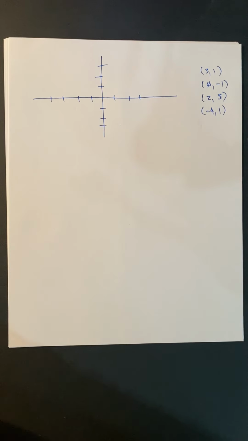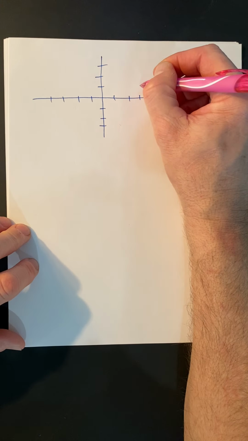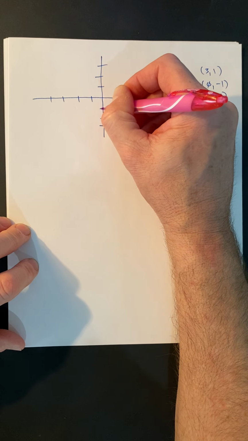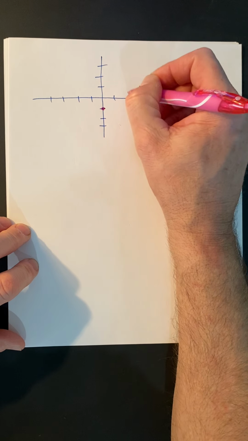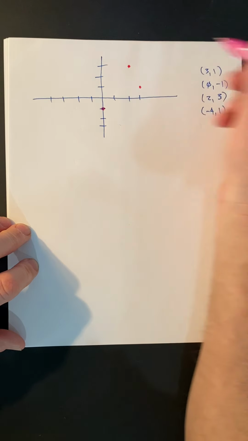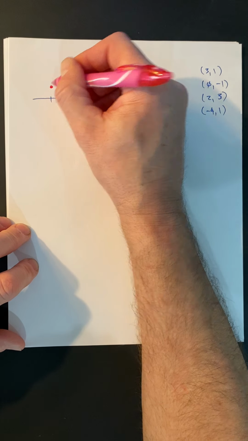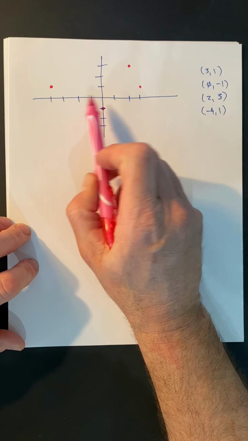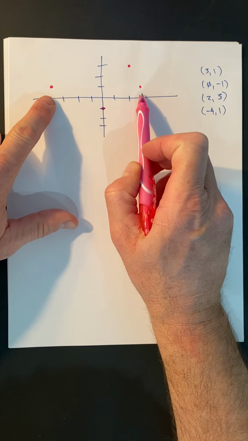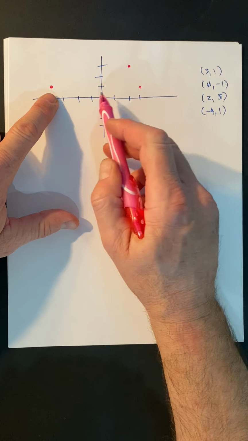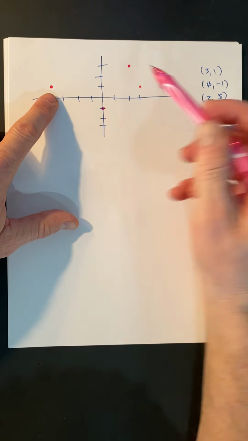And I graphed all of those points. So over 3, 1, over 0, -1, over 2, up 3, and -4, 1, okay? So each one of these inputs, it doesn't matter. It's okay that they have the same output. This is still a function.